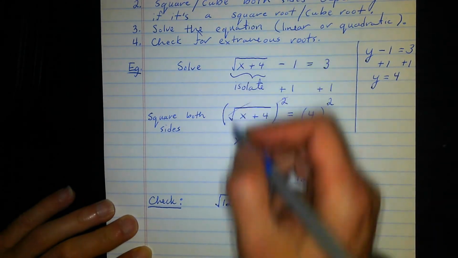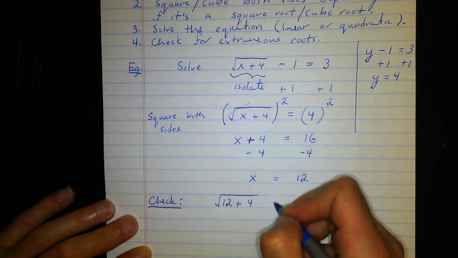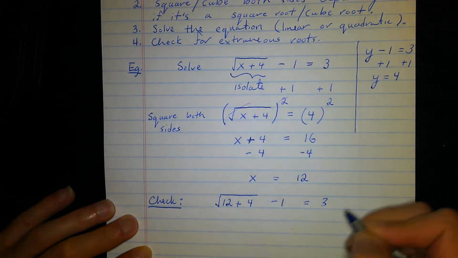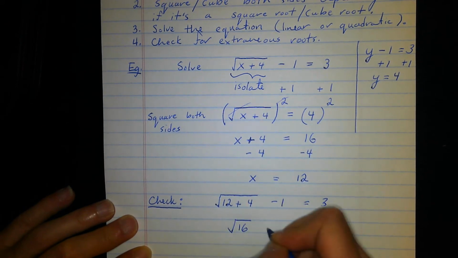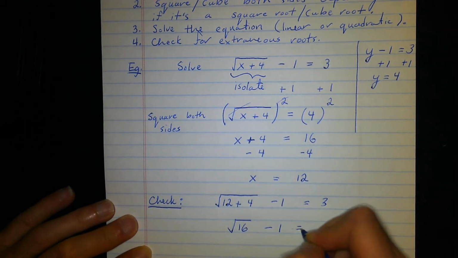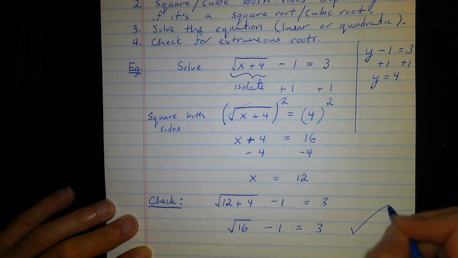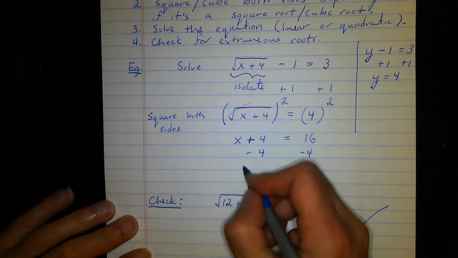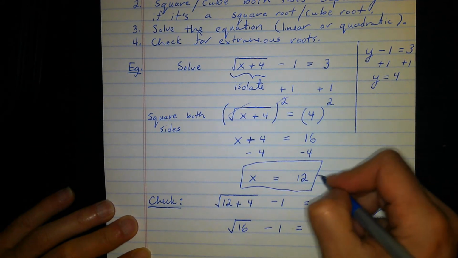I'll just substitute that in for x. 12 plus 4 is 16. Square root of 16 is 4. Minus 1 equals 3. Check. So this is a valid root.